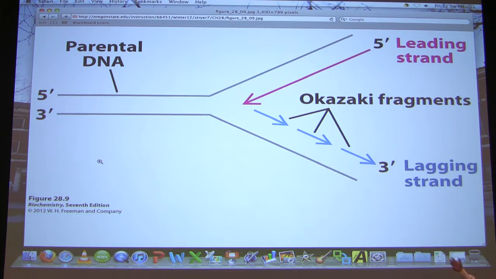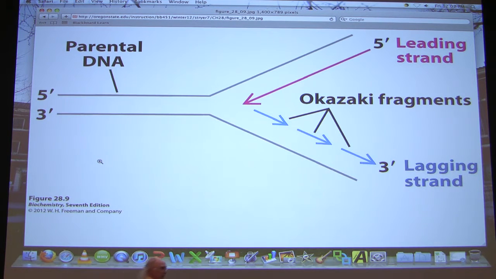Exo means outside of. Okay? So this DNA polymerase I is starting on the outside of, that is the end of the fragment. And the second part of the name, nuclease, tells us that it chews up a nucleic acid. So what it does is it starts at the 5' end and it moves inwards, destroying that RNA.